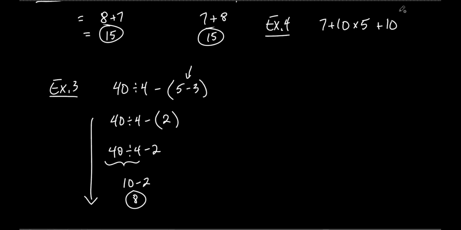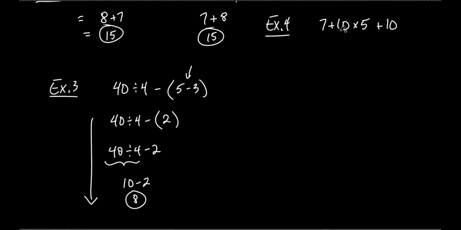Anybody get an answer? Anybody want to tell me what your answer was? What'd you get? 67. That's a weird answer. Anybody else? No, you're right. I was just fooling. It is 67. Let's see why it is. Here we go. Everybody watching? It looks like at first you go 7 plus 10, doesn't it?